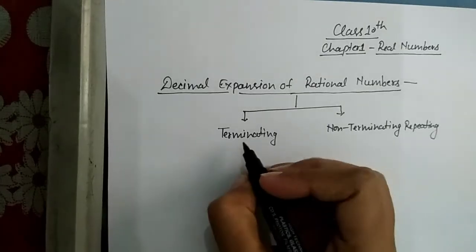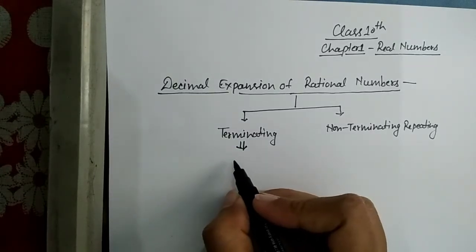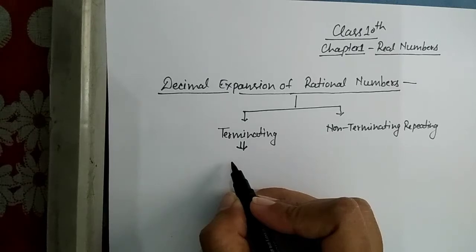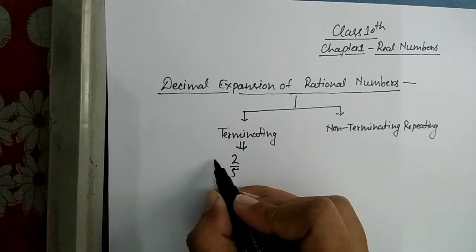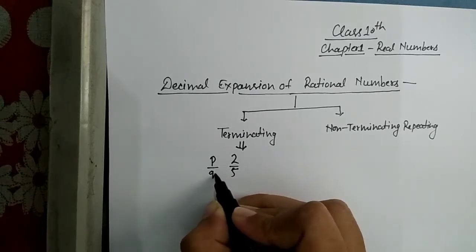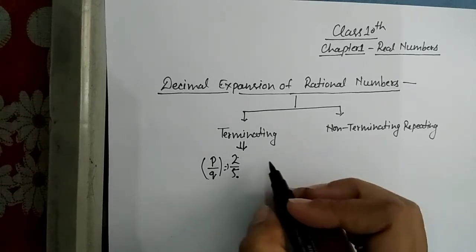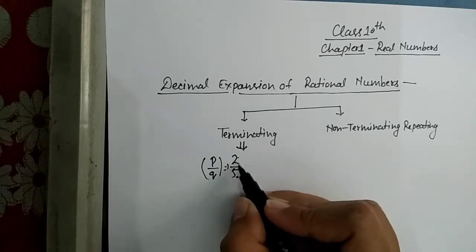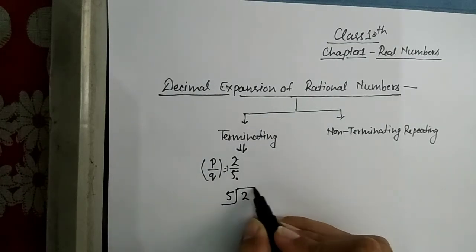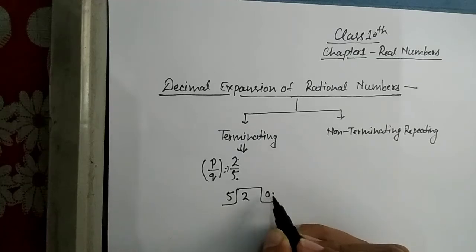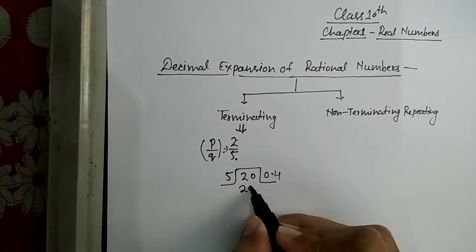Okay, the first thing is terminating. Terminating means if we have a rational number like 2 upon 5, this number is of the form p upon q, right? If we divide numerator by denominator, that is, we divide 2 by 5, we get 0.4.